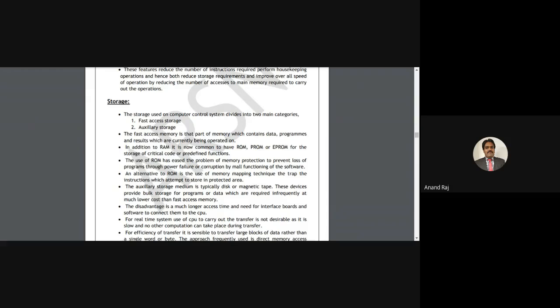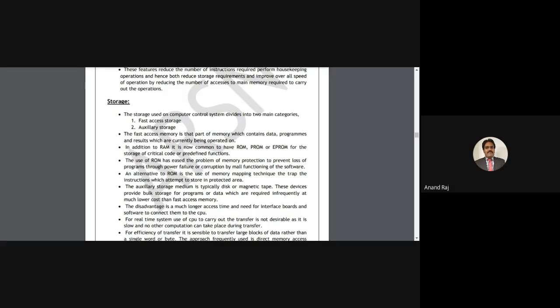The use of ROM has eased the problem of memory protection to prevent loss of programs through power failure. In earlier days, when the power went off, whatever programming was done, whatever the system was performing was lost. Now because of the ROM, where we have stopped, at the same point we can start the function.